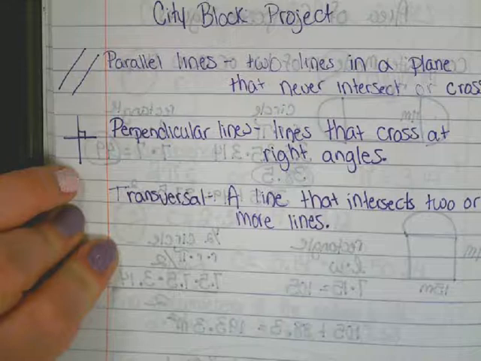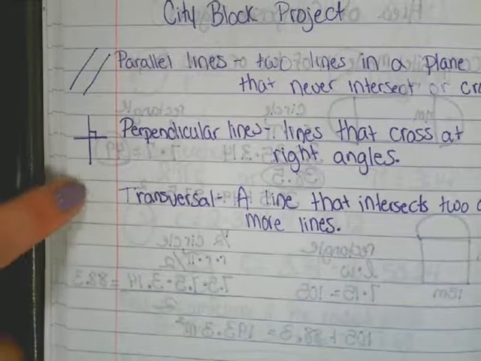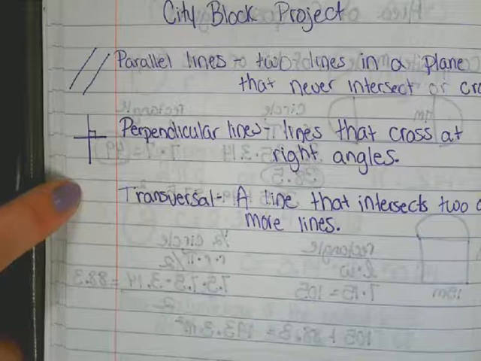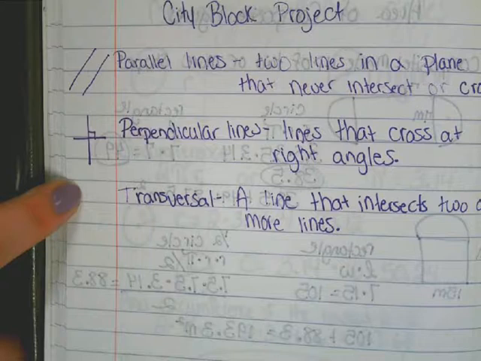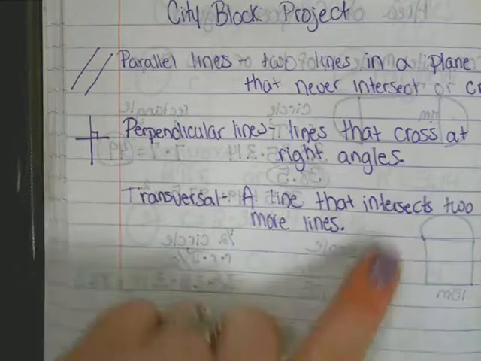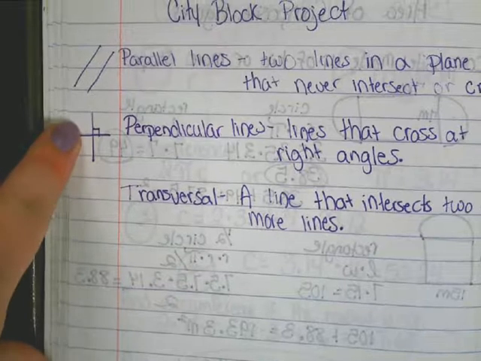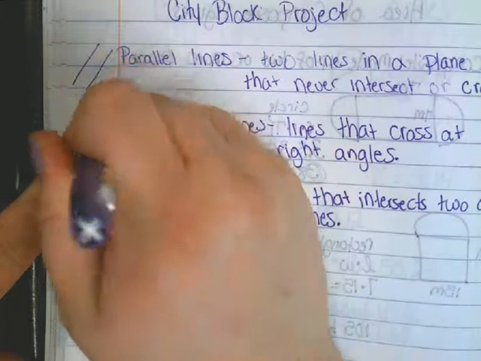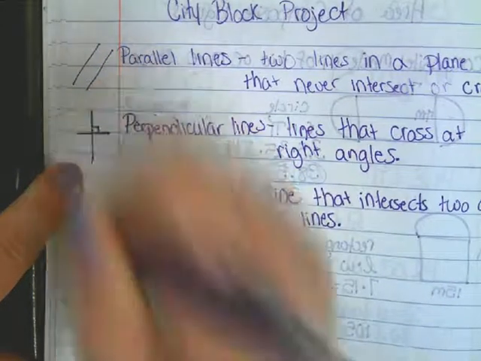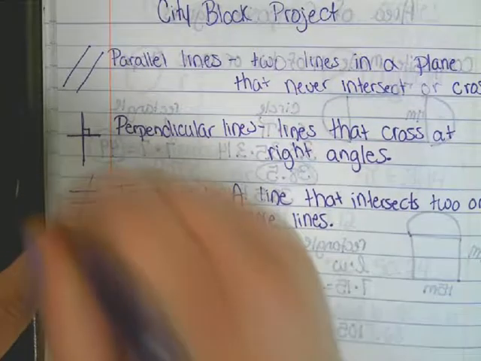Can this picture of perpendicular lines also be considered a transversal? I'm seeing some yeses. Look at the definition. Intersects two or more lines. Does this perpendicular intersect two or more lines? No. This is the perpendicular line. It only intersects one line. So transversal, you have to have two lines and your transversal. Okay?